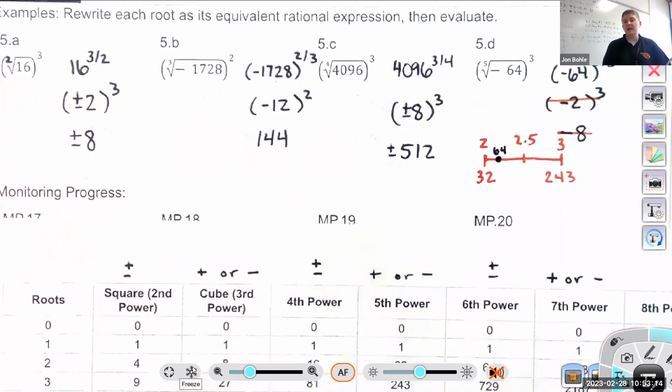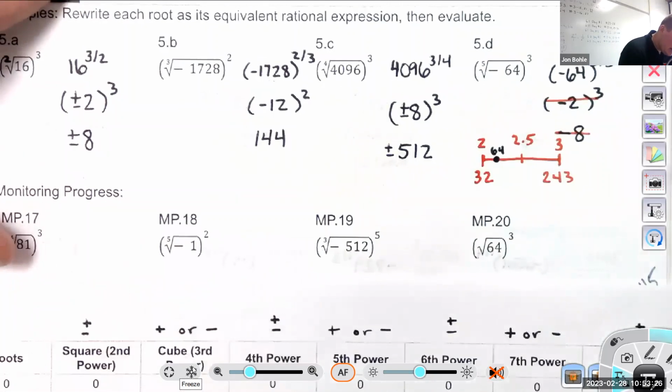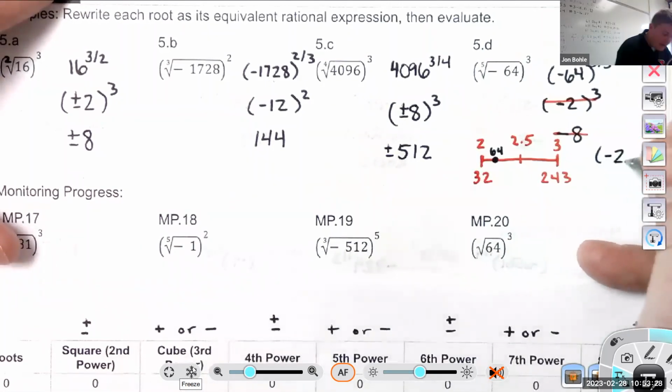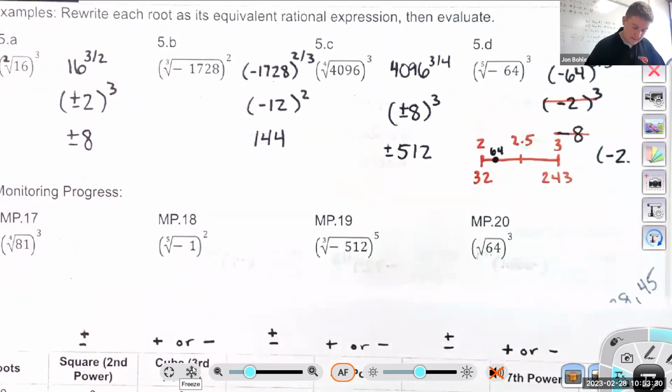So what's a good estimate for the fifth root of 64? 2.2, 2.1. Honestly, I would take anything in between 2 and 2.5. So in this situation, I'm going to say negative 2. I don't know.